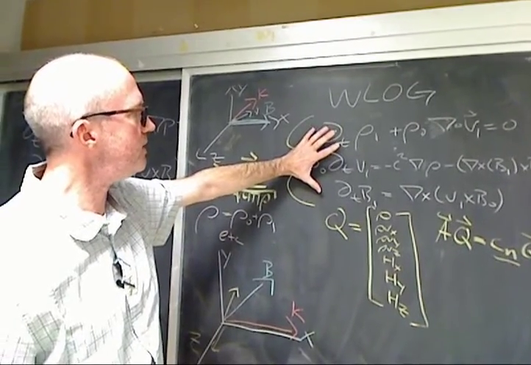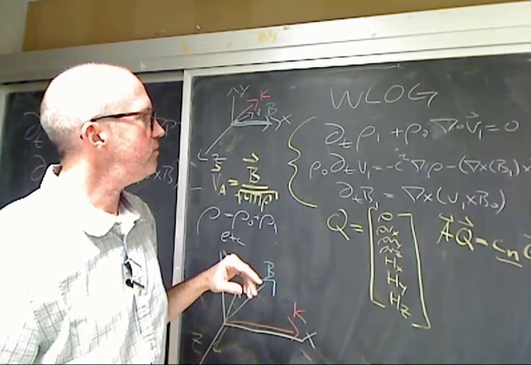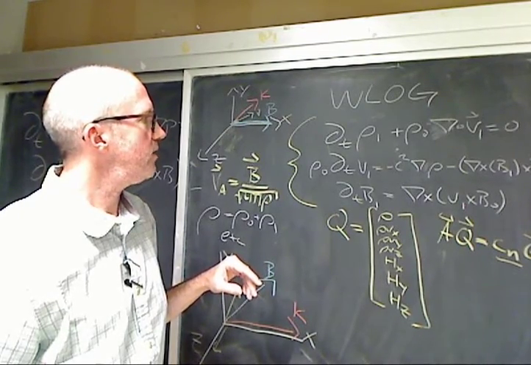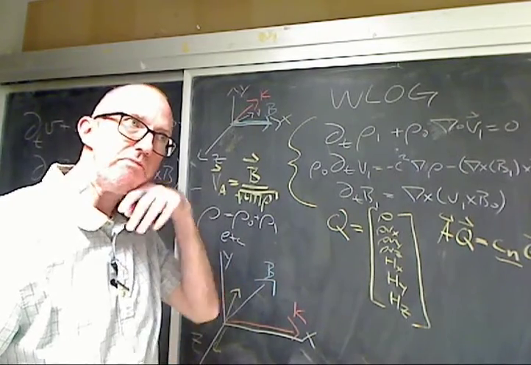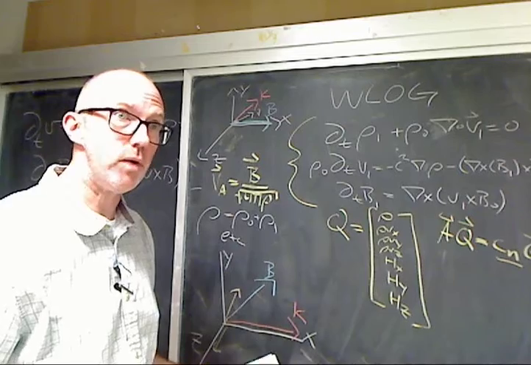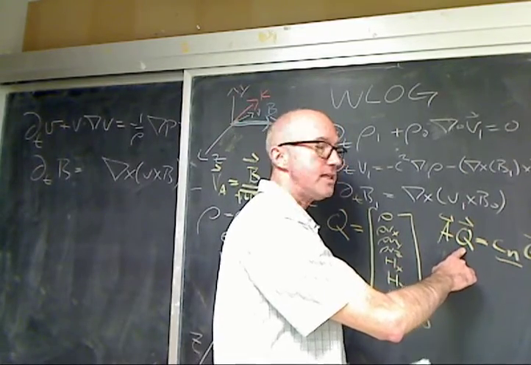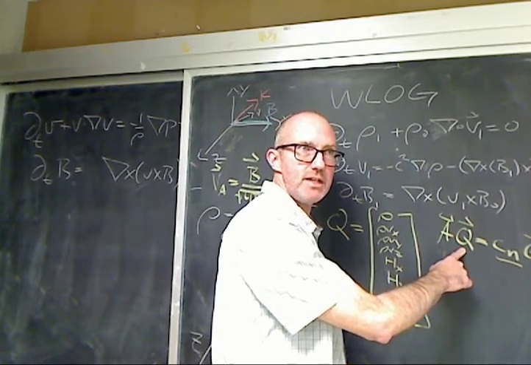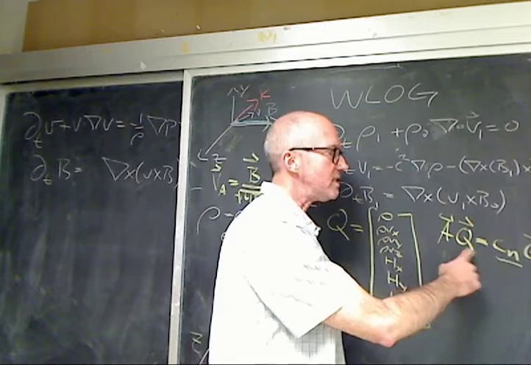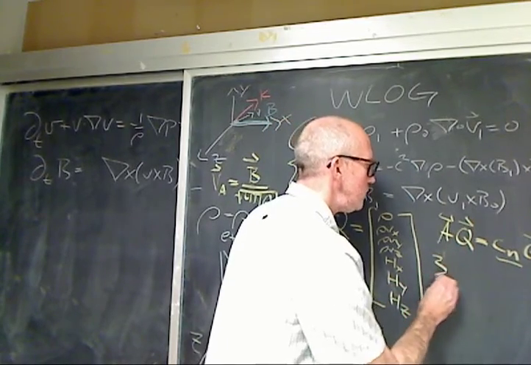But this gets us what we need. So this is 6 equations, which gives me 3 waves in 2 directions. So if I've got 6 equations, that's going to give me a 6 by 6 matrix, and that's going to give me 6 eigenvalues and 6 eigenvectors. But the eigenvalues and eigenvectors are only different by a sign. So there's only 3 eigenvectors that we need to worry about.